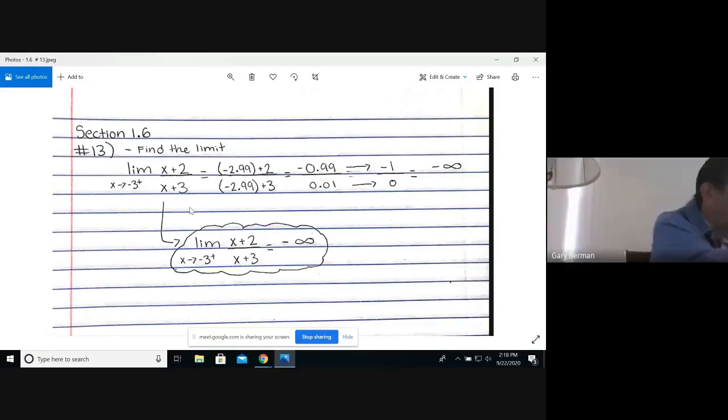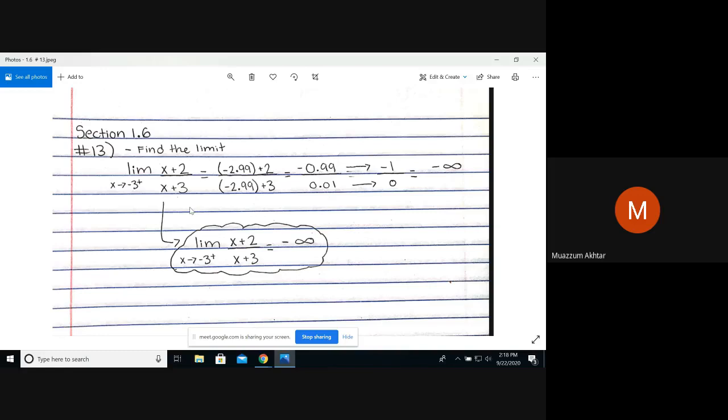Yeah, so since it's approaching -3 from the right side, in order to find the pattern, I plugged in for the value of x -2.99, which is a number close to -3 approaching from the right side.